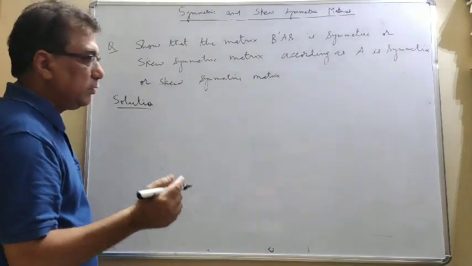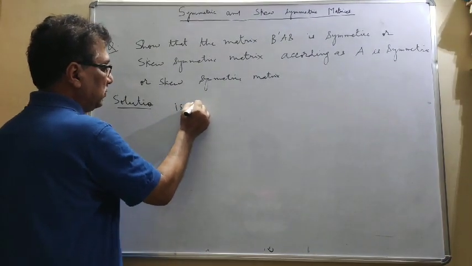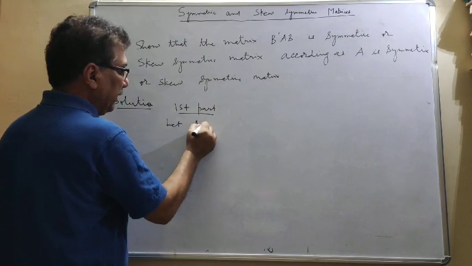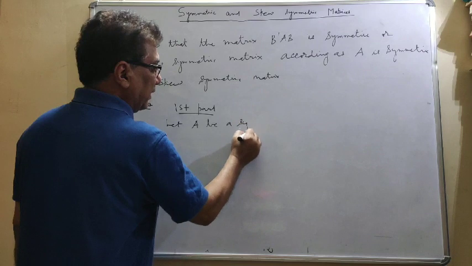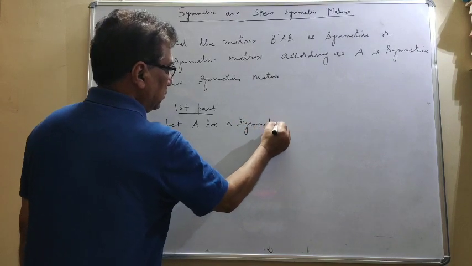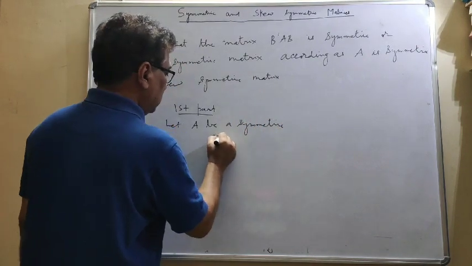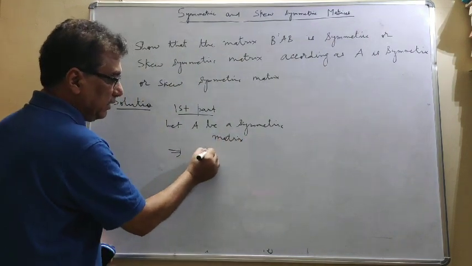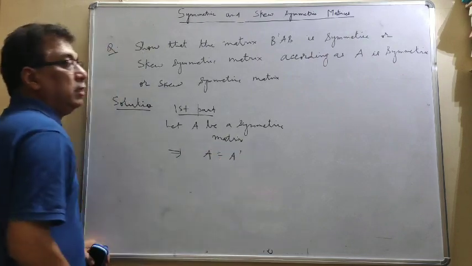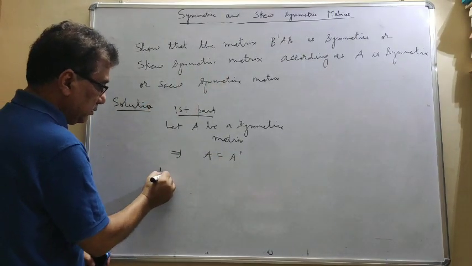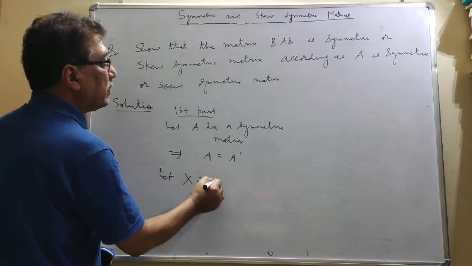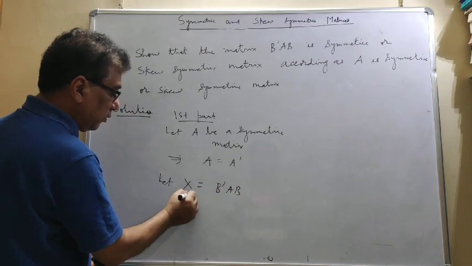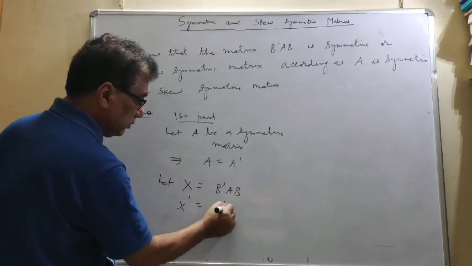I will solve this question in two parts. In first part, let A be a symmetric matrix. That means A is equal to A dash. Now let us take that matrix as X, B dash AB, and we are going for the transpose.